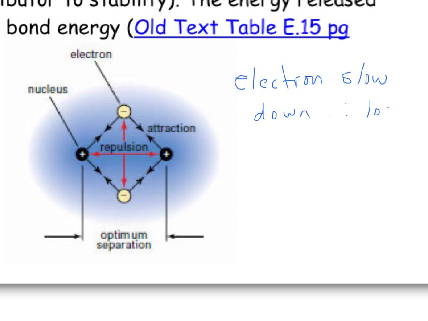That means that the electron loses kinetic energy. And that energy gets released into the environment. Now you can look up how much energy different elements give off when they form covalent bonds. It's called a bond energy table.